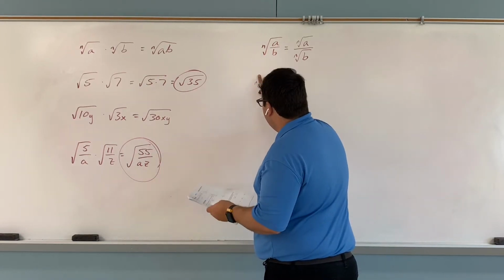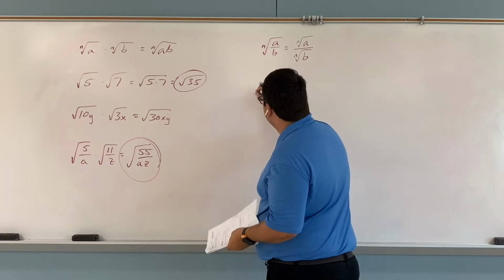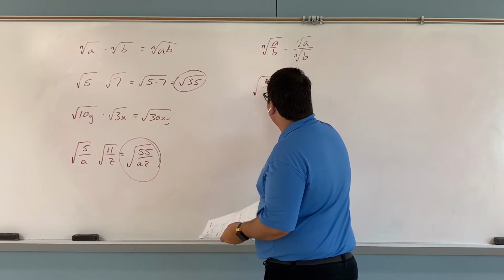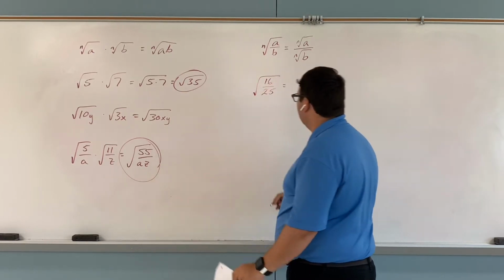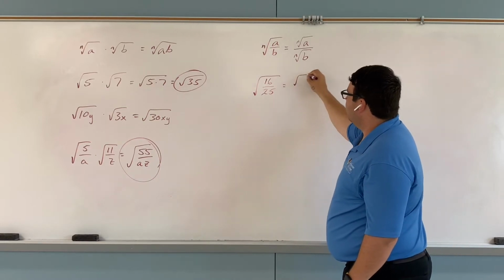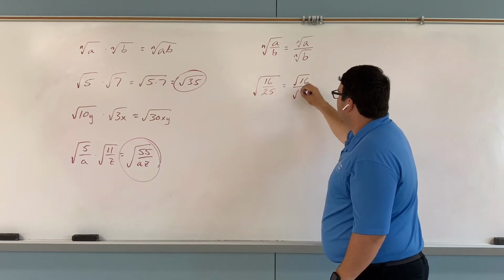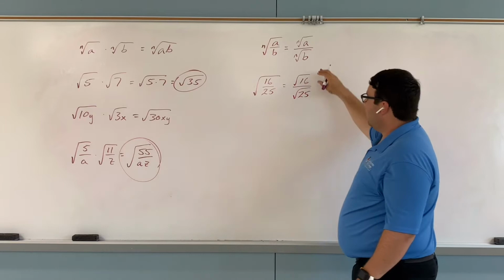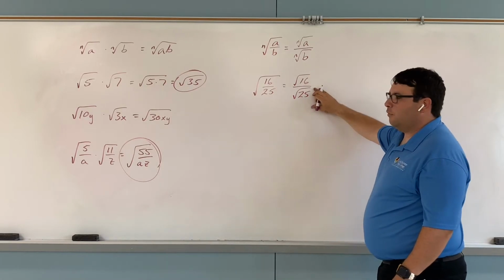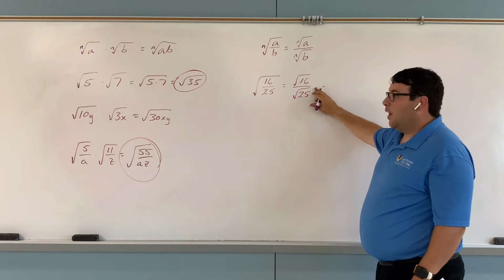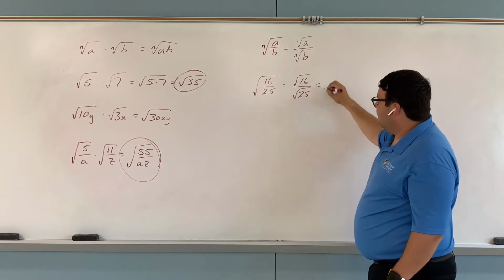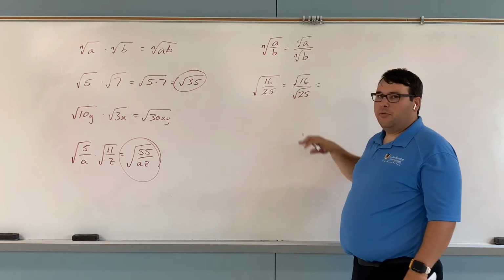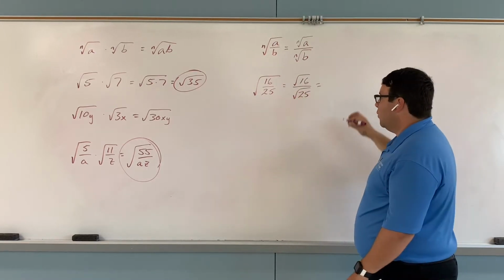For example, let's say I have the square root of 16/25. Technically, I can split this up so that I have the square root of 16 and the square root of 25 separately. And that helps me because it does allow me to look at each individual component in its own separate form.